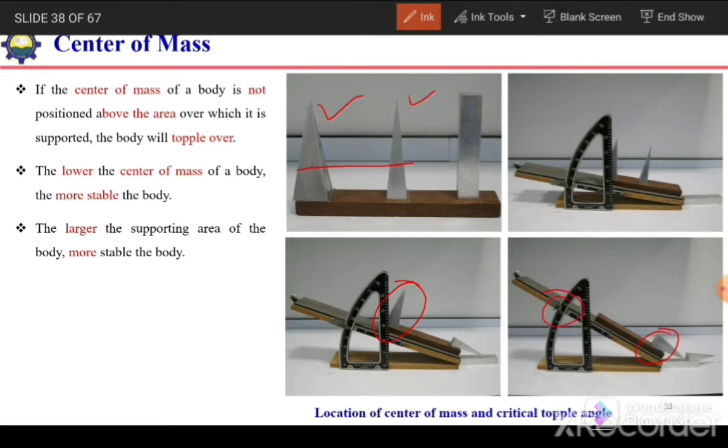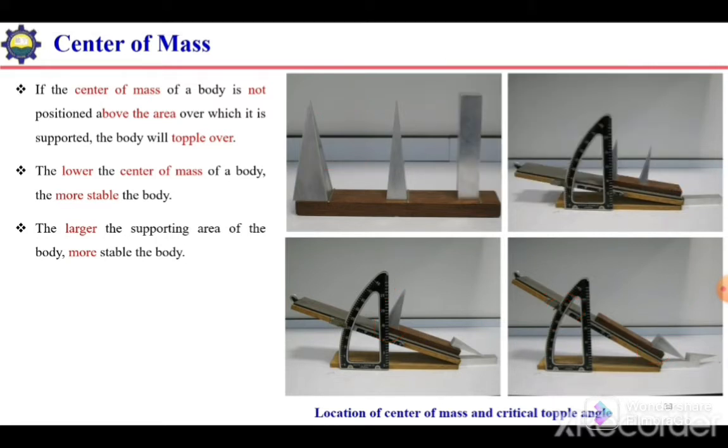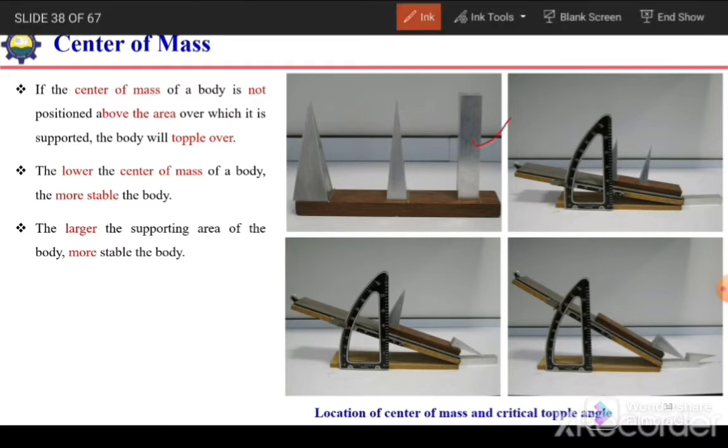So if we summarize these three models, this model will topple first at a 15-degree angle, this model will topple at 30 degrees, and this will topple at about 10 degrees, this is at 20 degrees, and this is at 30 degrees.